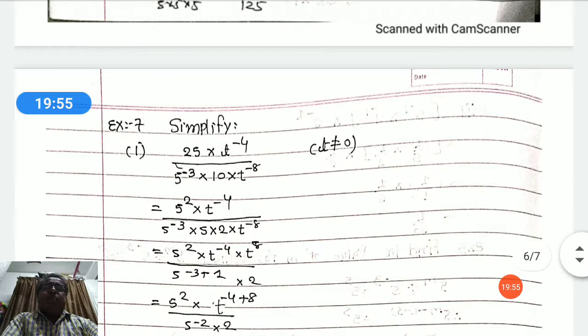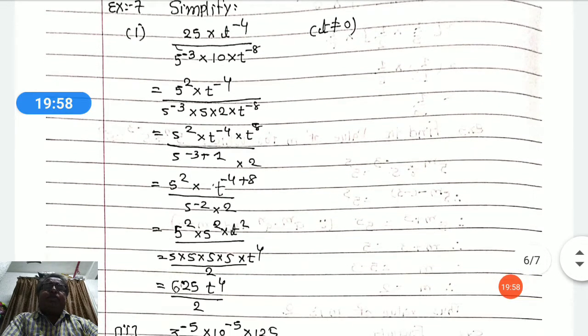Now example number 7, simplify. 25 multiplied by t raised to minus 4 divided by 5 raised to minus 3 multiplied by 10 multiplied by t raised to minus 8. We get 5 square in place of 25, and we get 5 multiplied by 2 in place of 10.